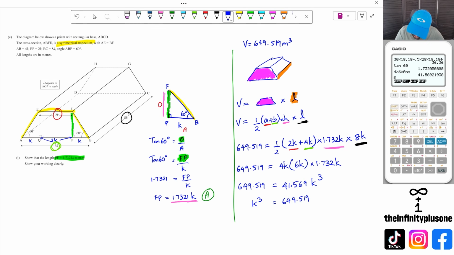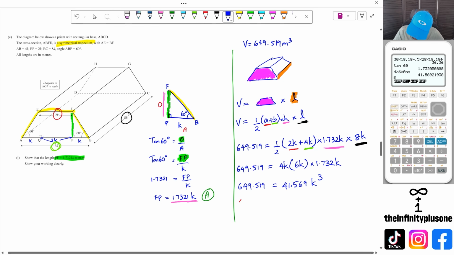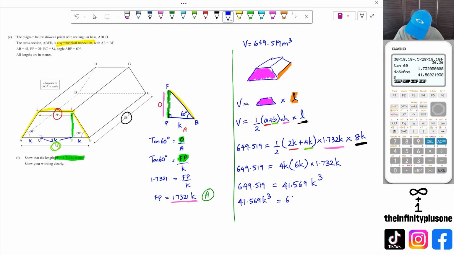Next, let me do it this way, because I know sometimes I rush through. I'm going to rewrite this as 41.569k cubed equals 649.519. Then k cubed is equal to 649.519 divided by 41.569.